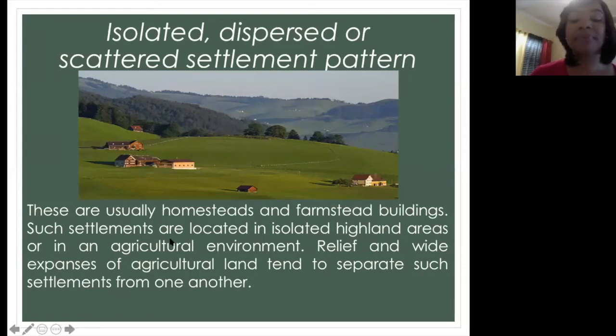So this type of sediment pattern is actually found around farm areas. So one of the main services of this type of sediment pattern would definitely be farming. Okay, such sediments are located in isolated areas, possibly around hillsides or agricultural environments.